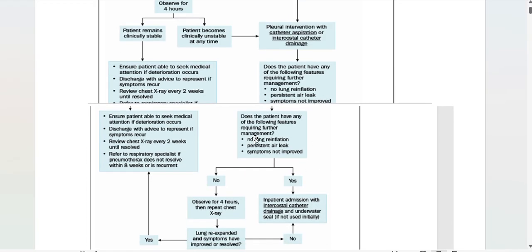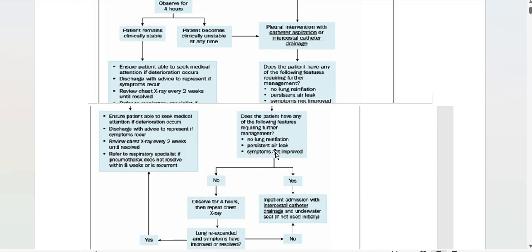Does the patient have any of these, as we already discussed? If yes, the patient has no lung reinflation, persistent air leakage, symptoms not resolved, then inpatient admission with intercostal catheter drainage and underwater seal. If not used initially, then we have to do the drainage as I discussed earlier.